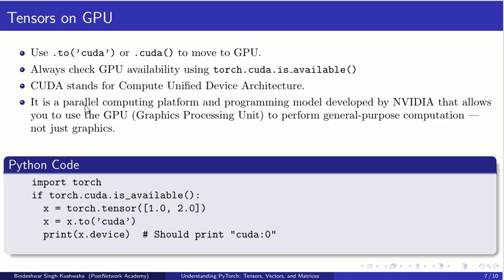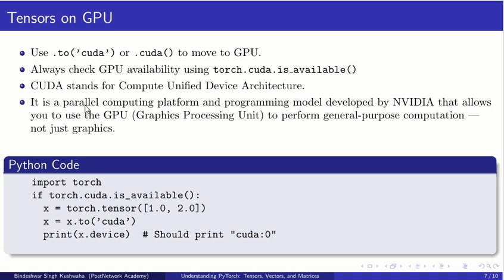But if you want to use this graphics processing unit for high performance computing, there is software called CUDA, Compute Unified Device Architecture. Using this tool, you can use GPUs for general purpose computation like artificial intelligence programs, deep learning. So this is an architecture, that means it provides a framework so that GPUs can be used for general purpose high performance computing, not just graphics.